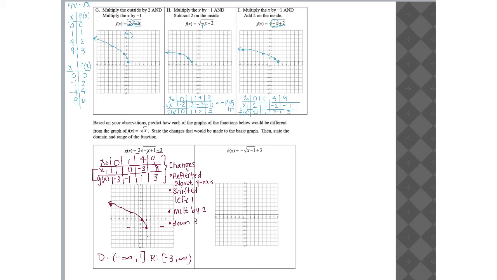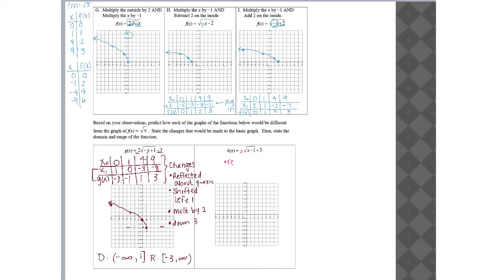Okay, and for the next one, let's go ahead and look at what's going to happen here. And let's see if we can go ahead and just state, well, what's going to happen with this? Well, the first thing that's going to happen is we need to reflect about the x-axis, aren't we?